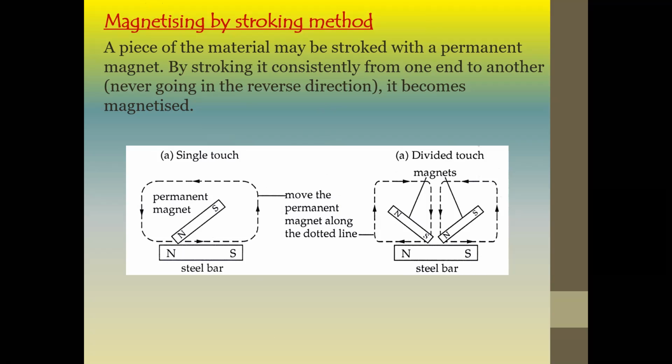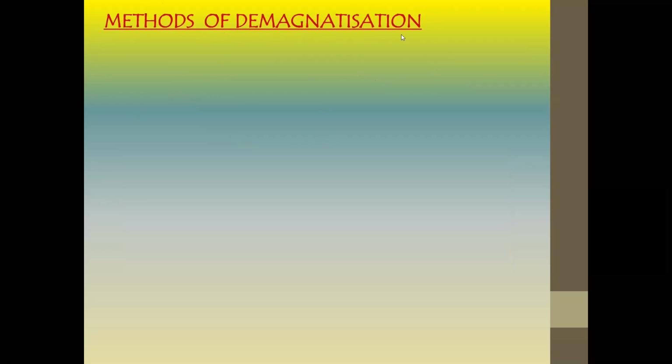Now, if you want to demagnetize, which means removing the magnetic field, first you should always place the magnet in an east-west direction. Why east-west direction? Because there is the earth's magnetic field also. So when you are demagnetizing, it might not be demagnetized because of the earth's magnetic field.